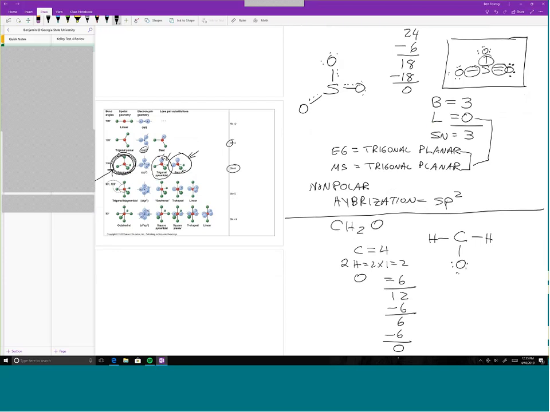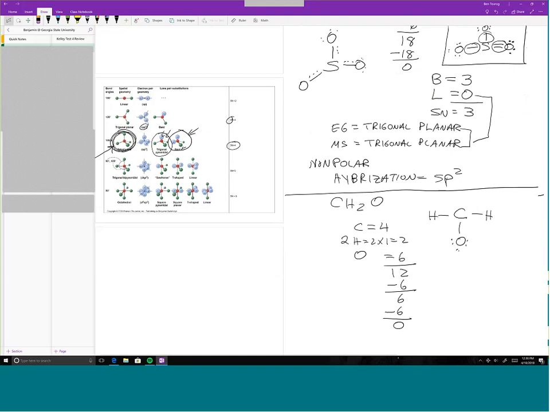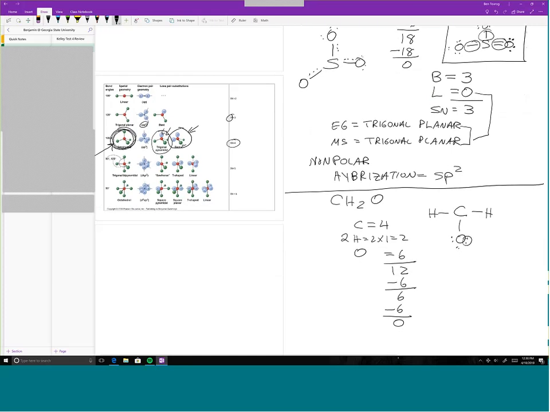Now, I won't go back to the steps, but you may recall from the SO3 example what we do now: how many electrons are on the center atom? How many electrons are on that carbon? Does it have 8? No, it doesn't have 8. It only has 2, 4, 6. So what we did in the SO3 example is just what we're going to do right now.